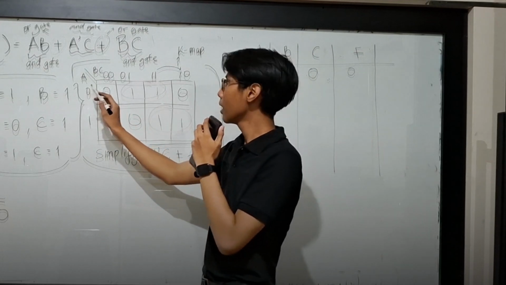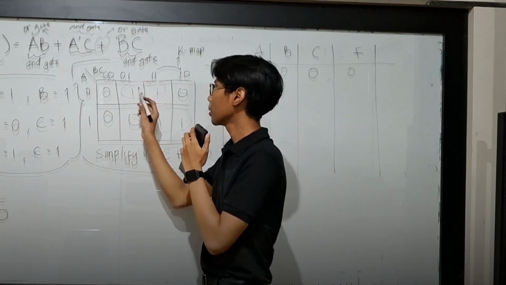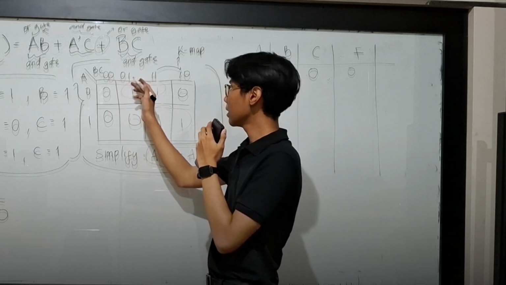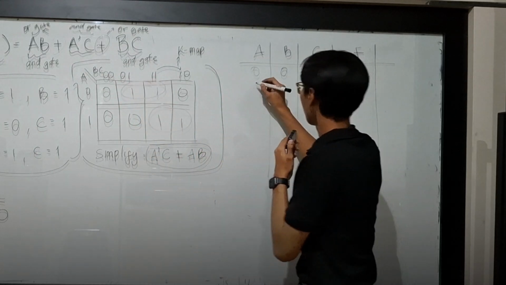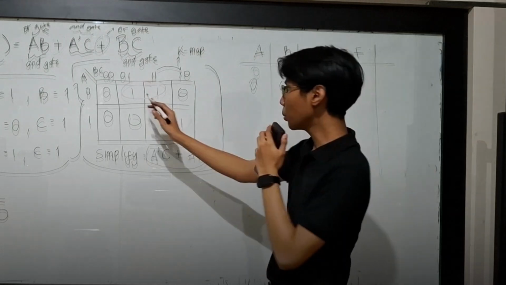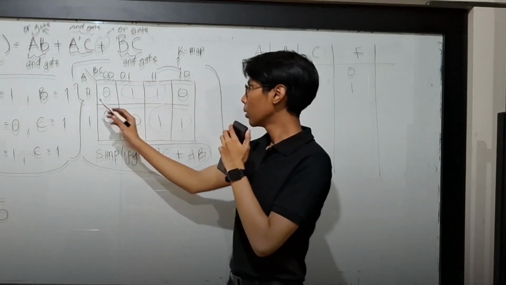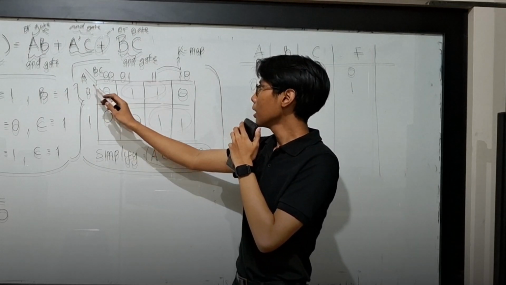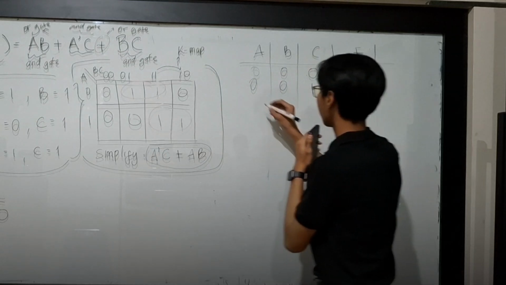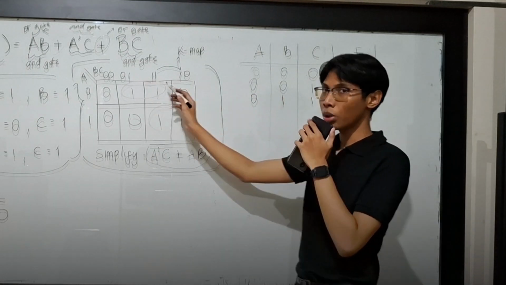Next, A 0, B 0, and C 1, and the output is 1. Next, A 0, B 1, and C 1: 0, 1, 1, and the output is 1.